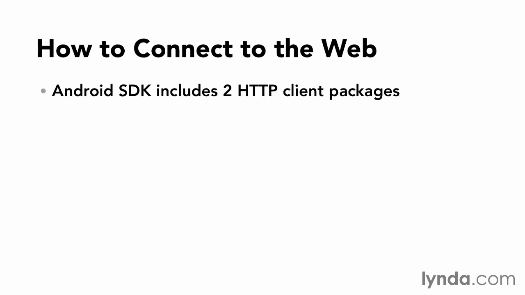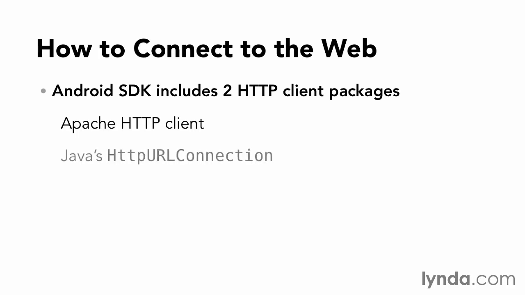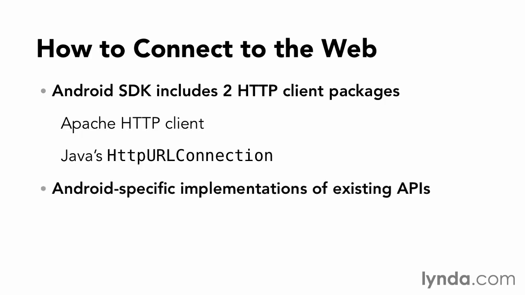The Android SDK includes two HTTP clients, the Apache HTTP client and an implementation of Java's HttpURLConnection class. Both follow existing API models, so if you're accustomed to using these models in other Java environments, you'll find these instantly familiar. But as with everything in the Android SDK, the implementations are specific to Android.